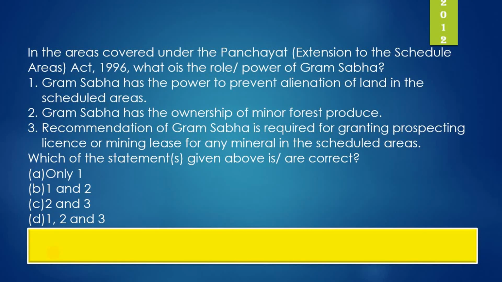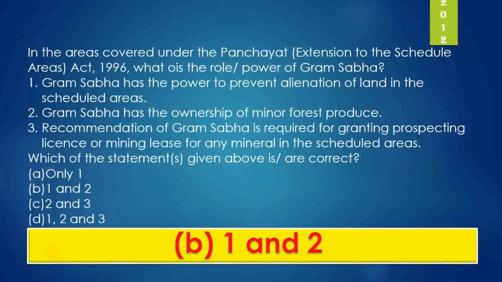So which one is the correct statement? The answer is option B, that is 1 and 2, the first and second statements are correct. The third statement is incorrect because the recommendation of Gram Sabha is required for granting prospecting license or mining lease only for minor minerals, not for any minerals. In the case of major minerals, it's not the case, that's why it's incorrect.